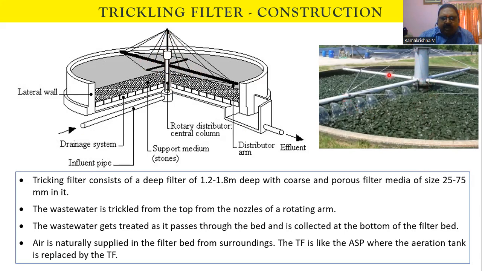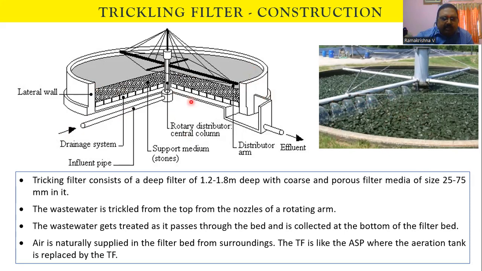The central column is tied with these rotating arms with the strings, and the water will come and pass through this pipe, and through these nozzles the water will start spreading, trickling on top of the filter bed. Since the wastewater is trickling on the filter bed, it is called a trickling filter. The wastewater will pass through the entire depth of the bed, and there will be an under drain system at the bottom, and they will be connected.